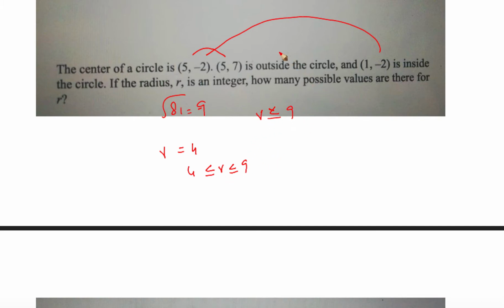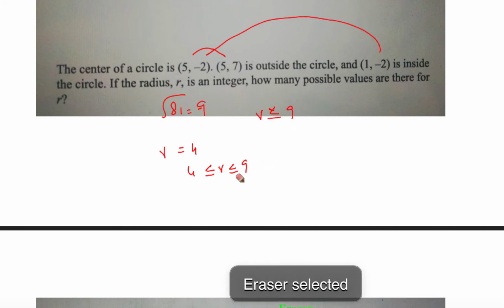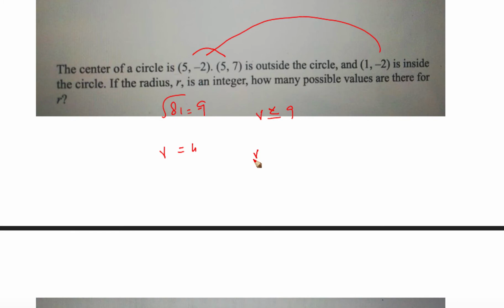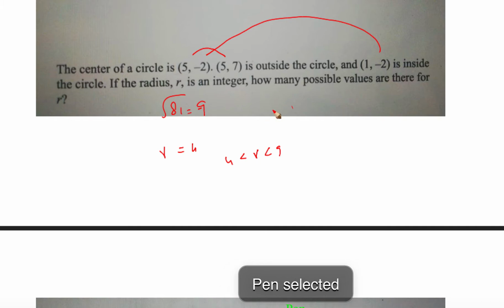Basically, because the point is outside, sorry, the radius has to be strictly less, it is not equal. So the radius is between 4 and 9, so many possible values, any value can fit here.